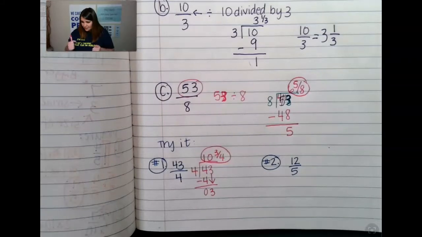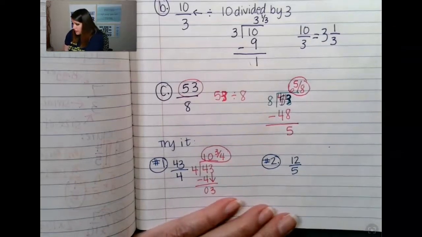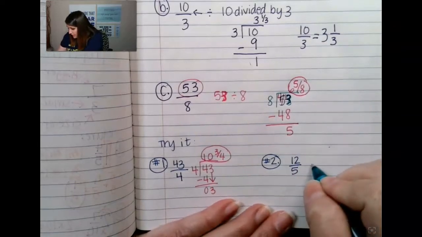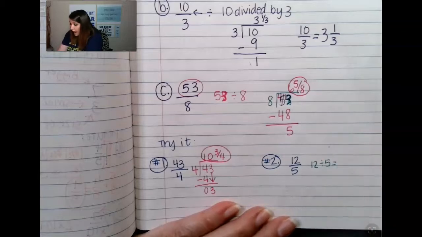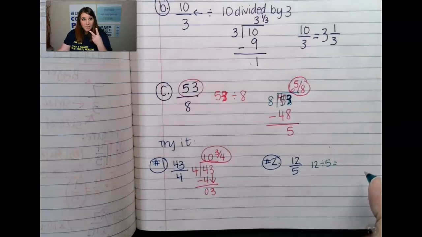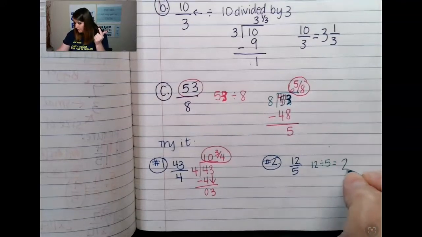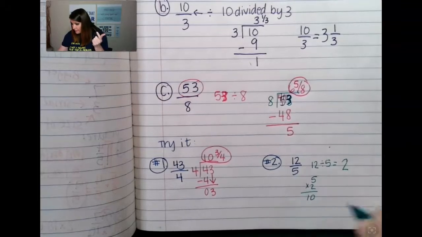Hopefully you did awesome. Okay, this one right here, 12 fifths. This is the same as saying 12 divided by 5. I know that 5 goes into 12 2 times because 5, 10 is 2. So 5 times 2 equals 10.